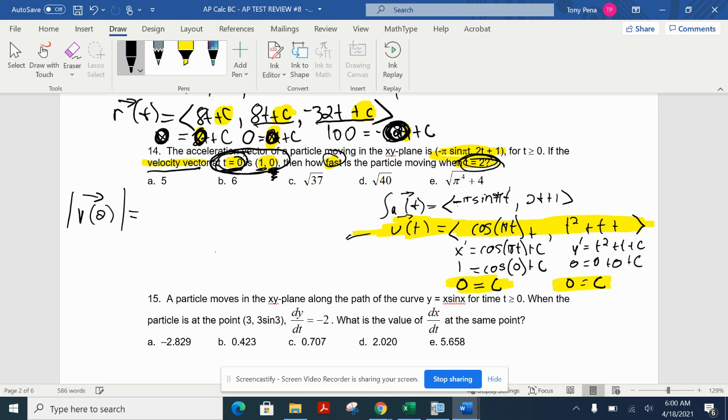So my velocity vector at the time of 2: notice how we have the cosine of pi t, so that would become the cosine of 2 pi, comma, and then we plug in a 2 right here, we get 4 plus 2, 2 squared, it's a 6.